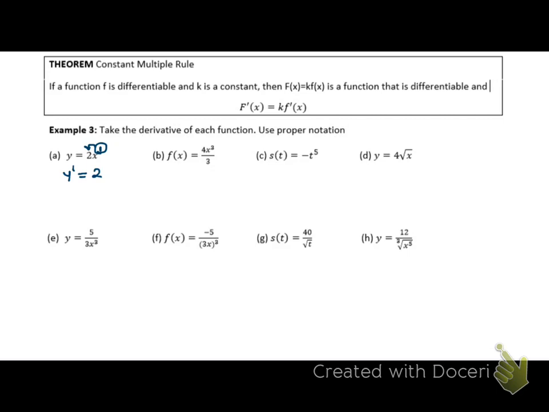Another way of thinking about this is that if you have a number in front of x, the derivative is just the number. Okay, so try not to overcomplicate those types of problems. For part B, we're taking that 3 and moving it to the front.